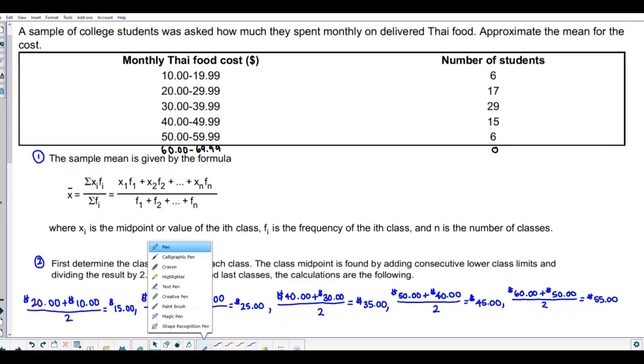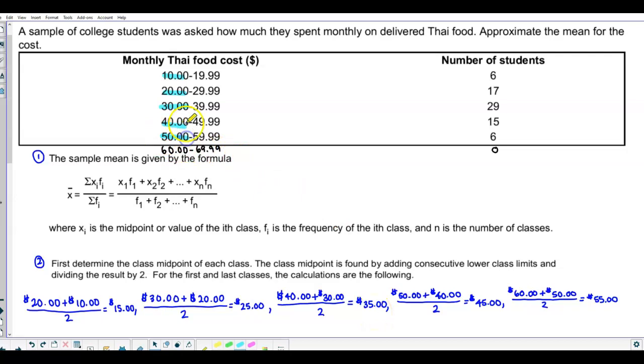So we need to find the midpoints. We're going to take the lower class limit 20 and add 10, divided by 2, to get 15. Then we take 30 and add 20 and divide by 2 to get the next midpoint, 25. Then 40 plus 30 divided by 2 gives 35.